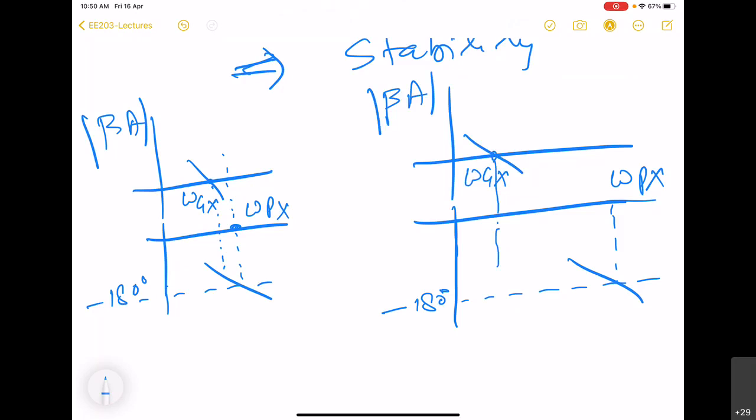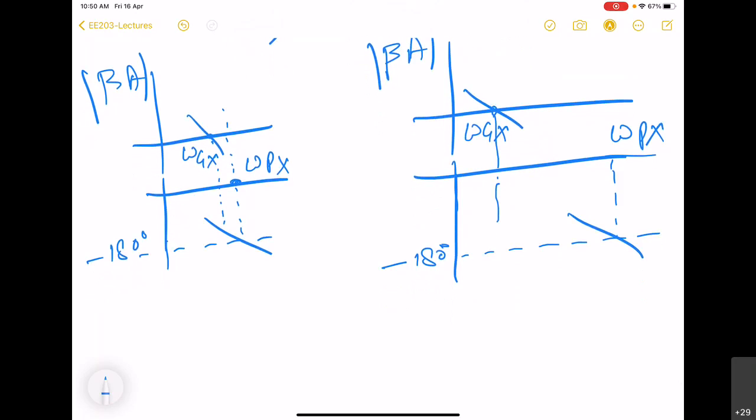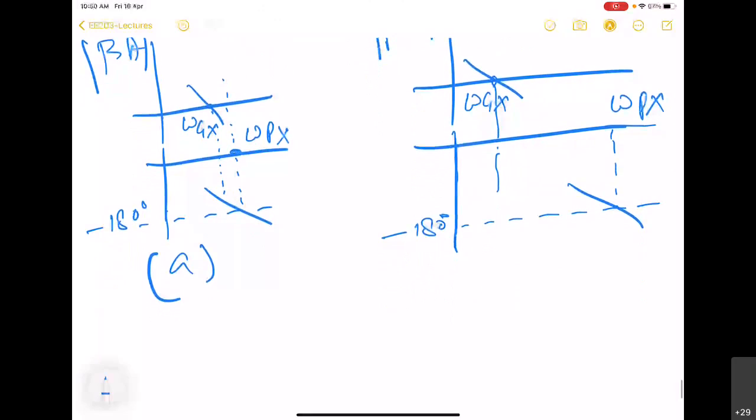Here we see that in case A, the difference between omega gx and omega px is not much. That means this beta A, although it is less than 1 at omega px, is not very small.